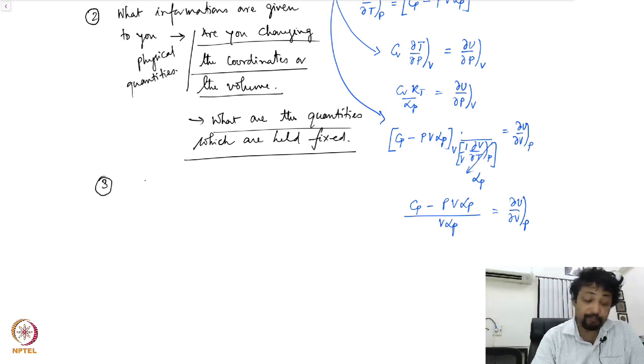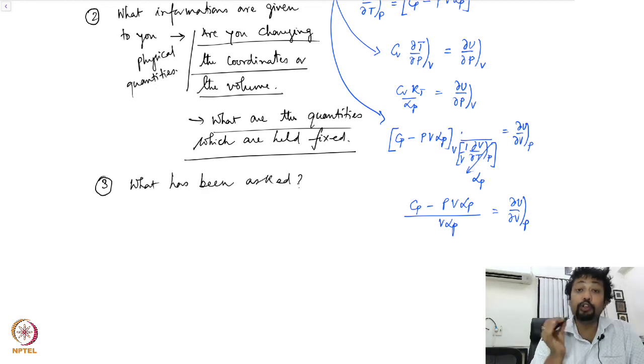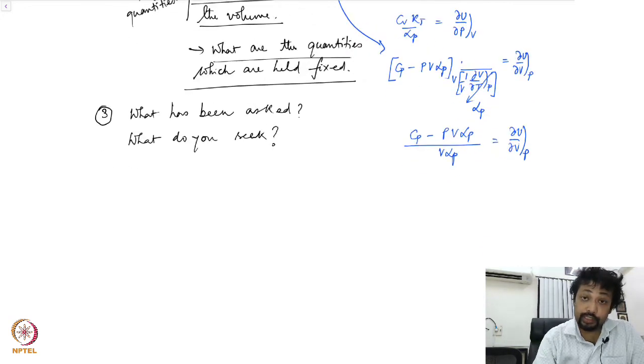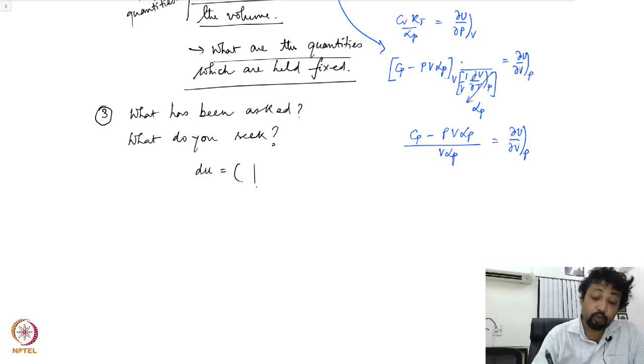And the last point is, what has been asked? What do you seek? For example, do you seek the change in internal energy? Then you find out du is equal to, with respect to what?